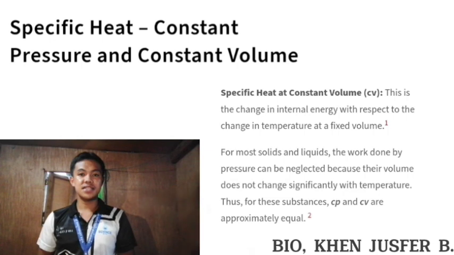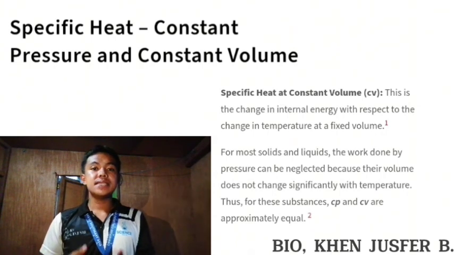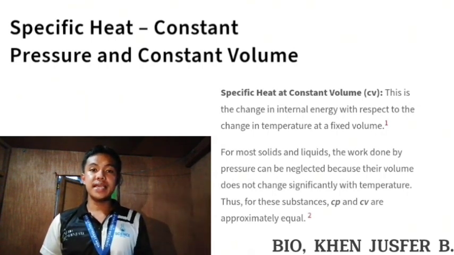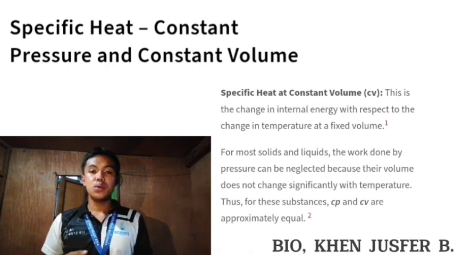Specific heat at constant volume, C subscript V, is the heat capacity when the volume is held constant. C subscript V is the amount of heat required to raise the temperature of a unit mass of a substance while keeping the volume constant.